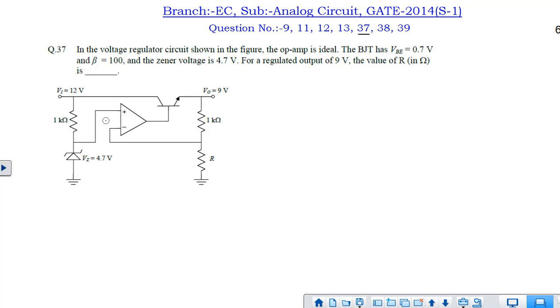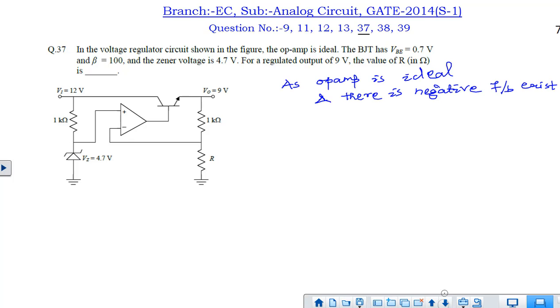If we see here, the op-amp will be acting as an amplifier, because there will be a negative feedback. So the virtual ground concept we can apply. So for both the non-inverting and inverting terminals, the potential will become 4.7 volt. So what are the things given?